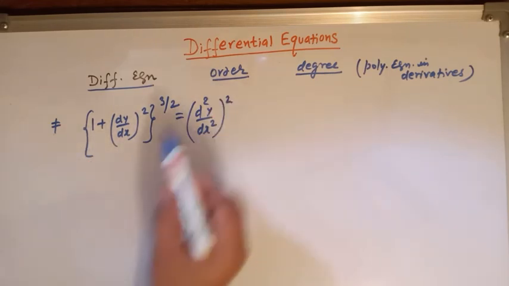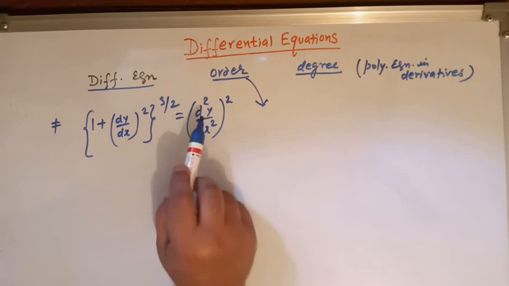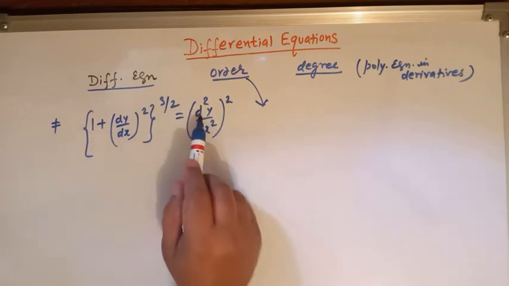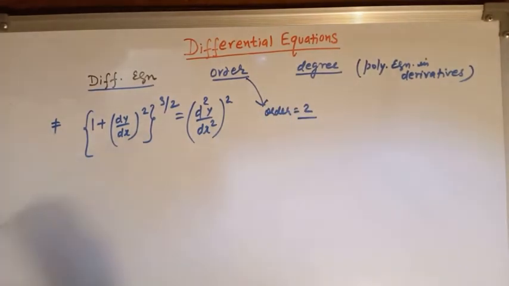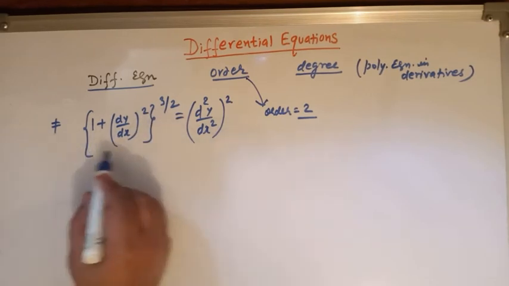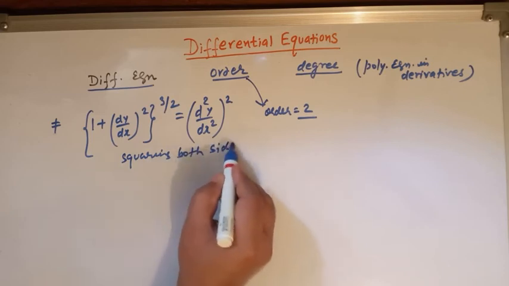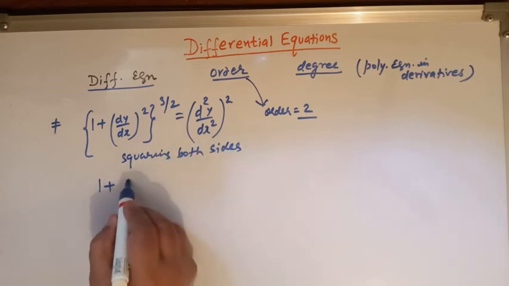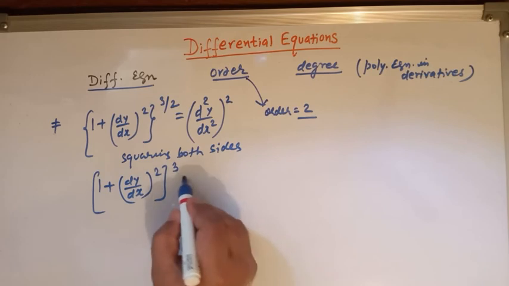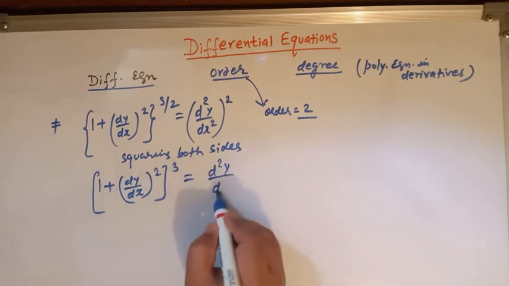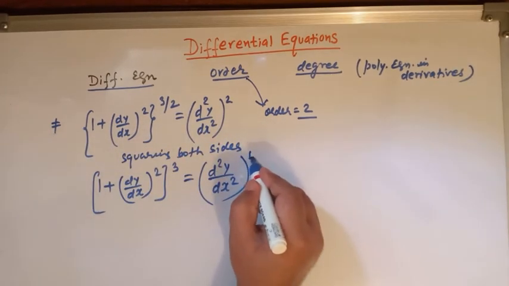Clear? So what is order? Order is simply the highest order derivative occurring in this equation. So this is second order, so the order is 2. Clear? Now let us find the degree. So squaring both sides, we get 1 plus dy over dx square, and we have here 3, and here we have d square y over dx square, and when we square both sides, here we get 4.